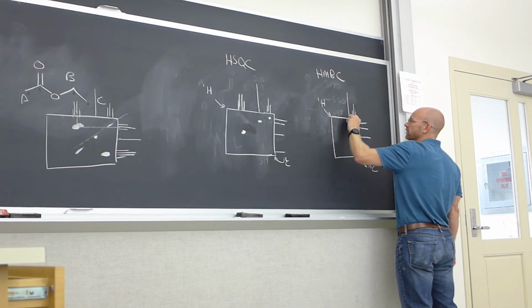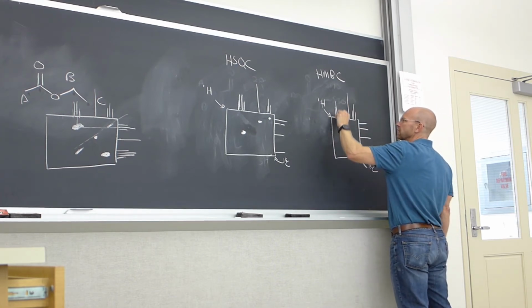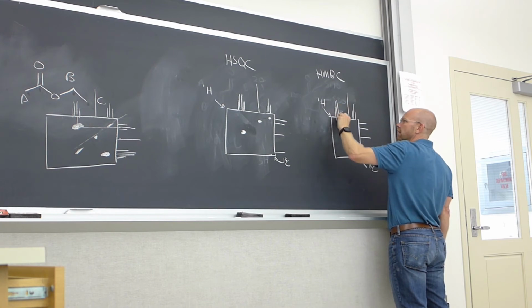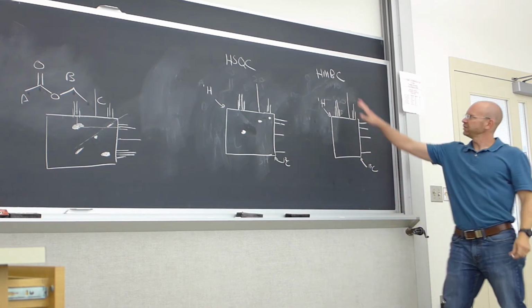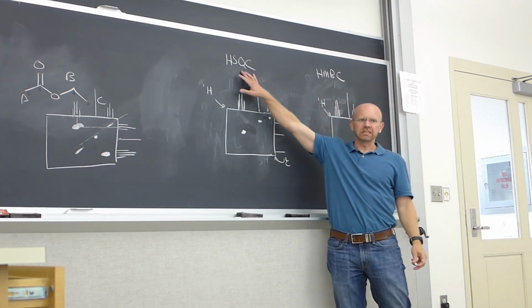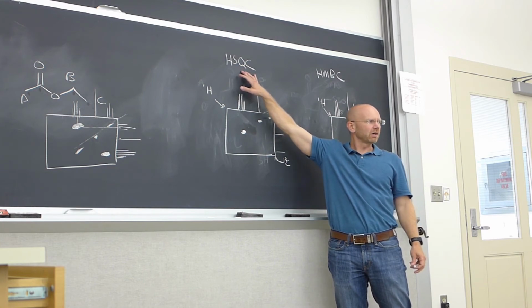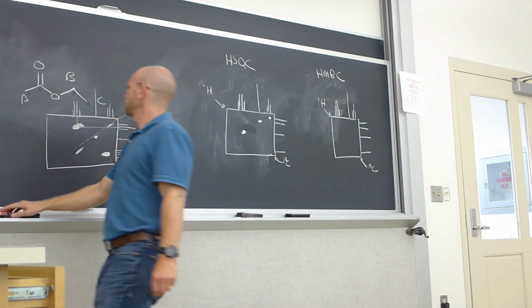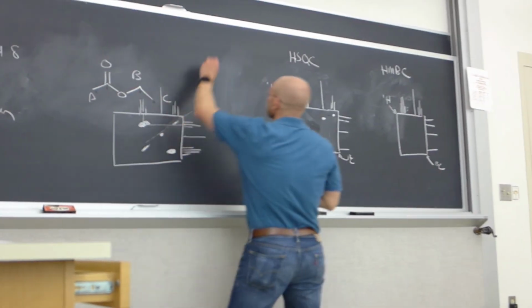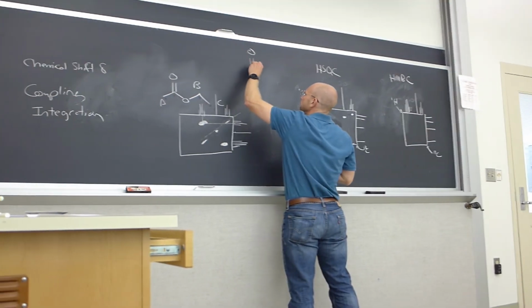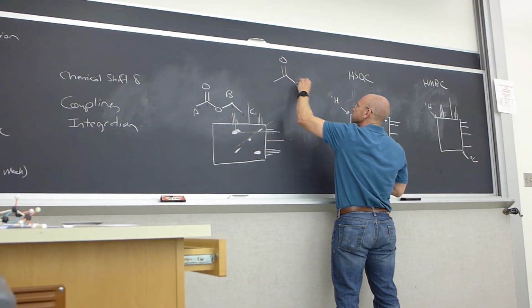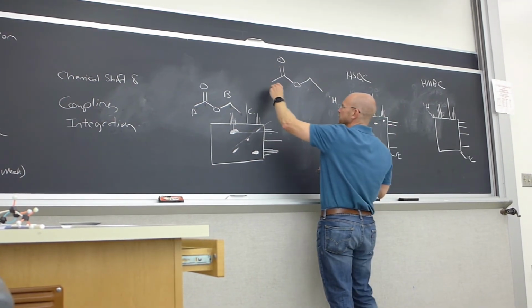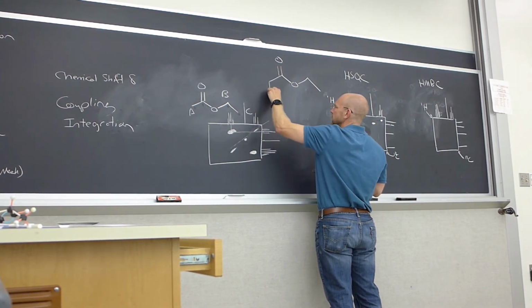I'm going to draw our ethyl acetate example again, and I'm just making prediction spectra here. So HMBC is like HSQC, except instead of going just 1 bond away, it goes 3 or 4 bonds away. So let's look at ethyl acetate carefully, and I'll show you what that means. This is super useful for determining the structure of large molecules.